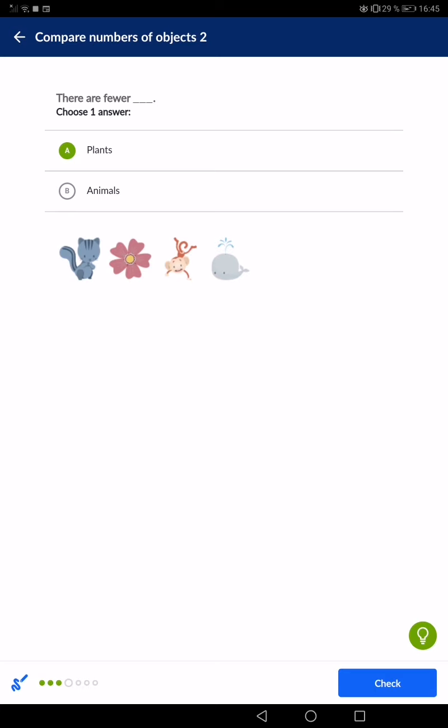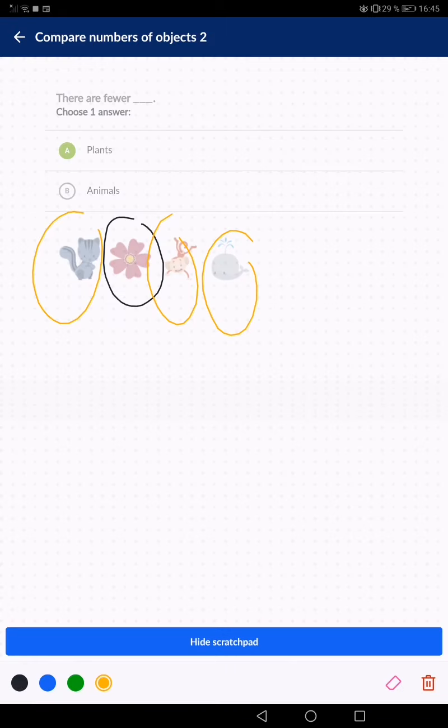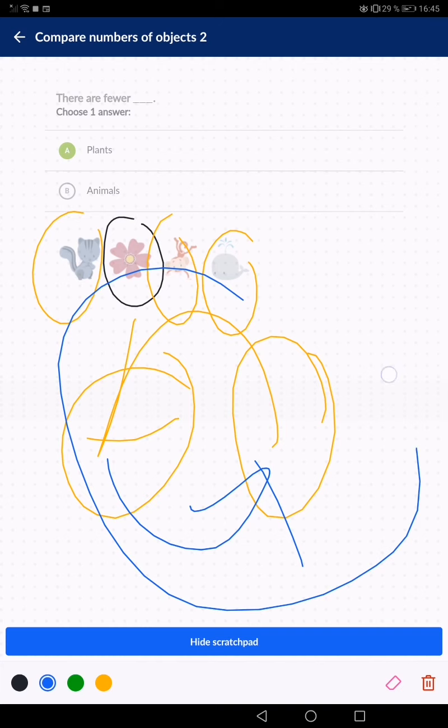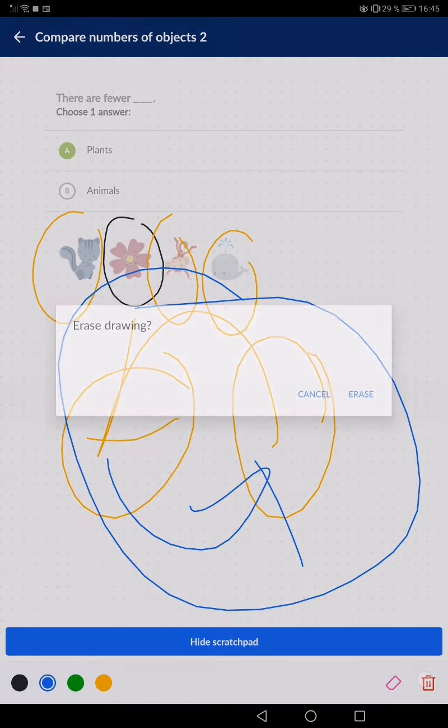There are 2 more animals than plants, and there are 2 less plants than animals, right? Because I feel like this is the most important thing in mathematics, to not only see this, but at the same time see this, to get the whole picture, right? I feel like Bob Ross would agree with me.